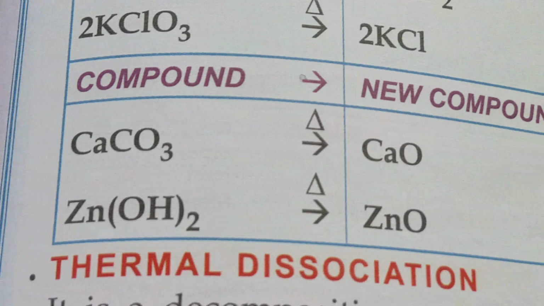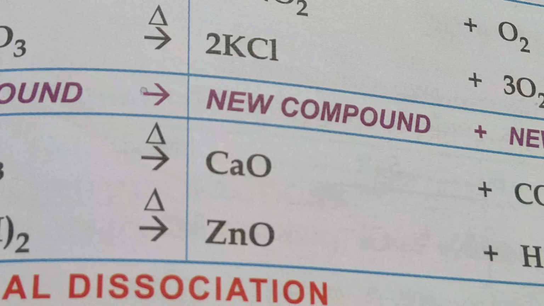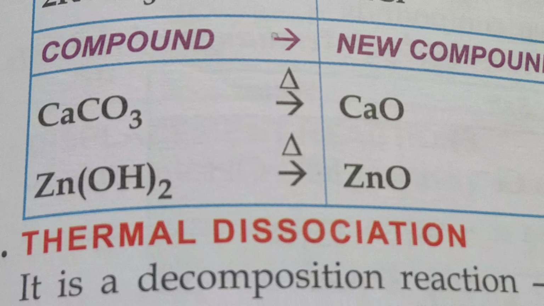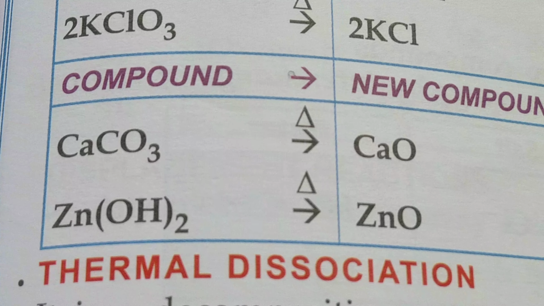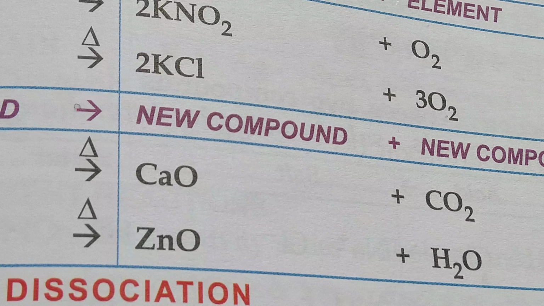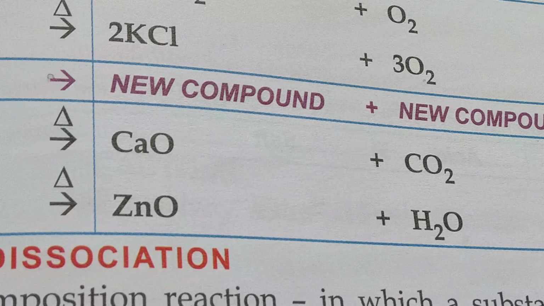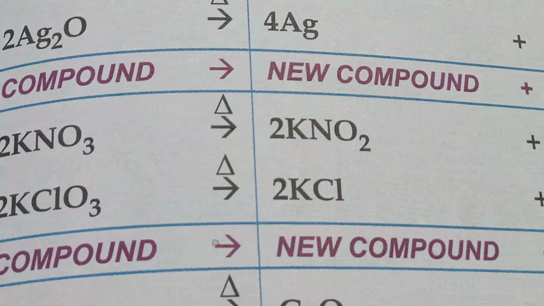Another one is calcium carbonate. After decomposition, it turns into calcium oxide plus carbon dioxide. Whereas zinc hydroxide, after getting heat, decomposes and turns into zinc oxide plus water. So these are the common examples.